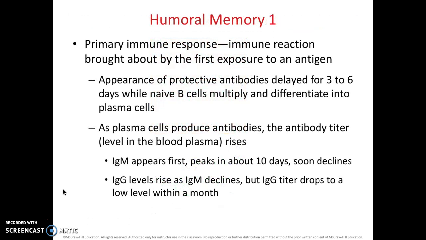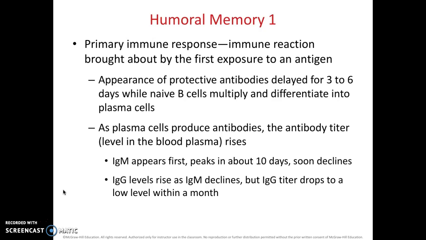So with humoral memory, we have the primary immune response, which is the immune reaction brought about by the first exposure to an antigen. So this is the first time that you're exposed. Protective antibodies are delayed for a couple of days while the naive B cells multiply and differentiate into plasma cells.